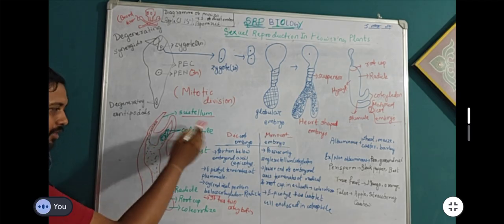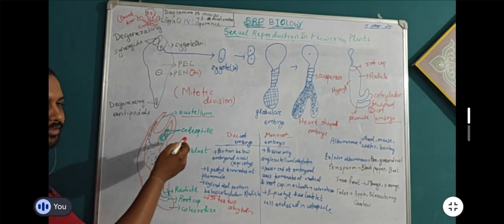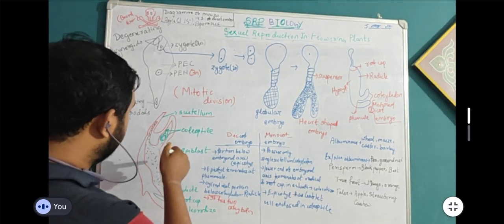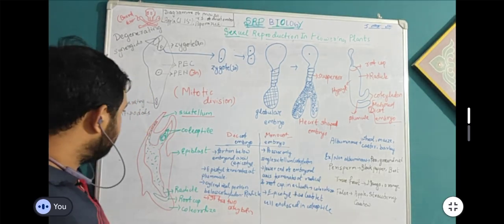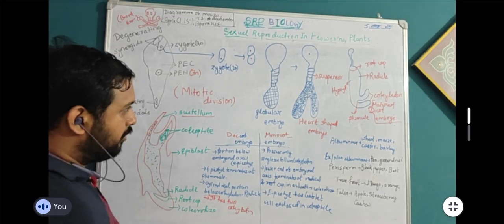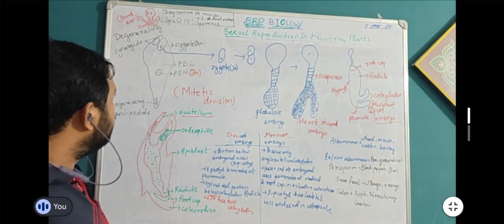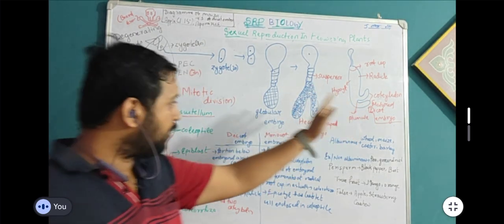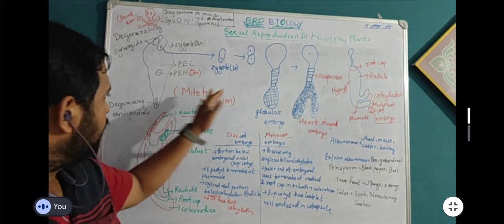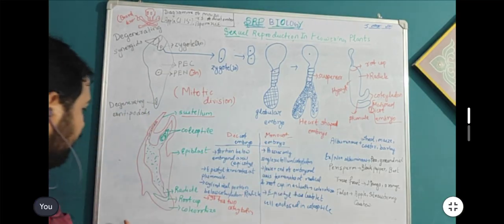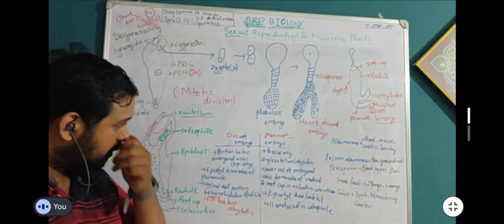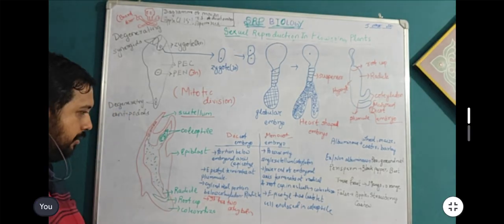But this generally covers the coleoptile region inside which the leaflets are produced. I hope all of you understood the different phases of the embryo, from zygote to embryo, and the differences between dicot embryo and monocot embryo. Did all of you understand or not? Okay.